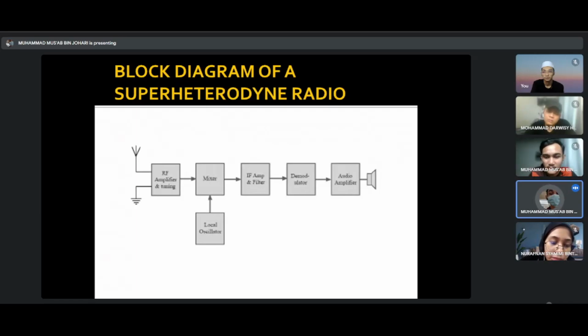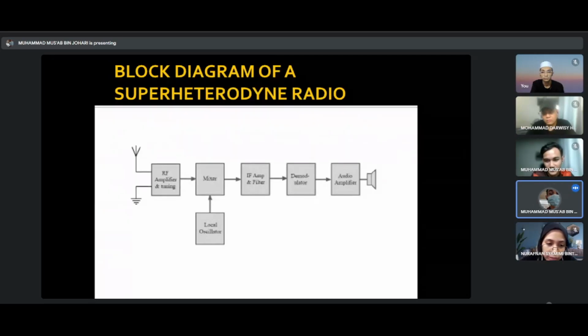After that, we have the detector or demodulator. It will perform the process of demodulation, and from the modulated signal it will detect the audio signal.